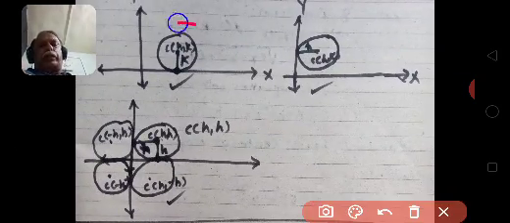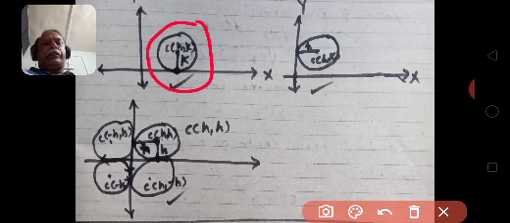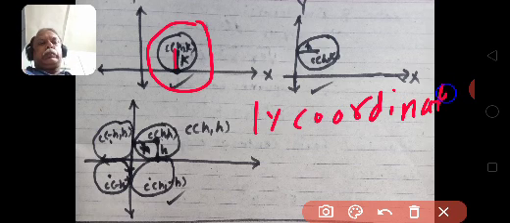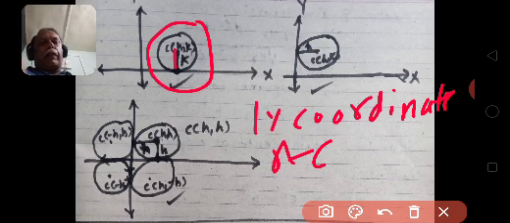Suppose a circle having center C(h, k) touches the x-axis. Then in this case, the radius of the circle is always the modulus of the y coordinate of the center.